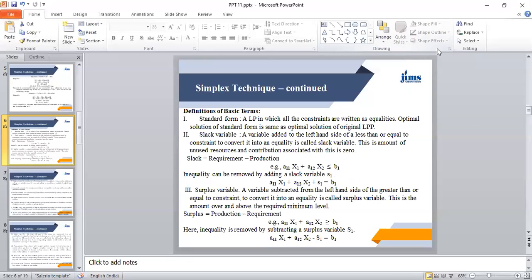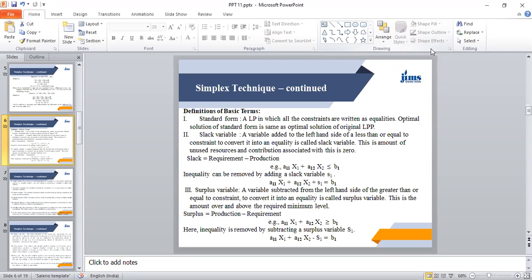Normally, in a linear programming problem, the constraints are either less than type or greater than type. But when the sign is converted into equality, and the solution of the original problem is the same as that of the standard form, then this form is known as standard form.